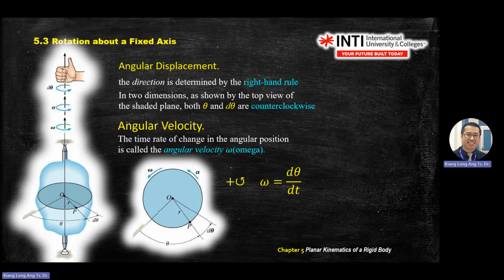So every time you solve a rigid body problem, you look from the top at how it rotates. Only need to highlight the unit is radian per second. You are looking at radians, not degrees. One revolution, 360 degrees, equal to 2 pi radians.